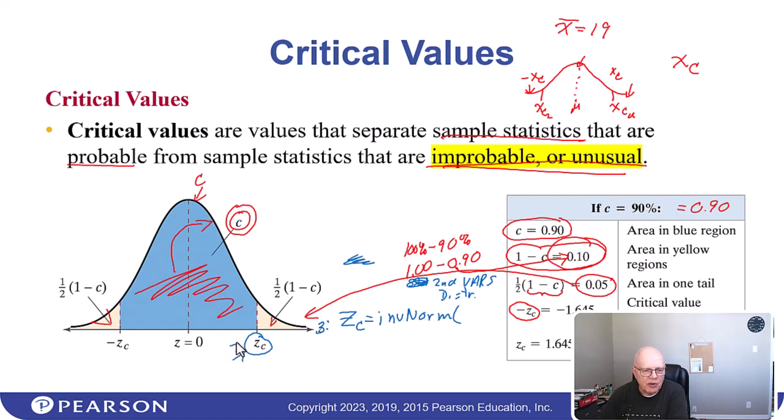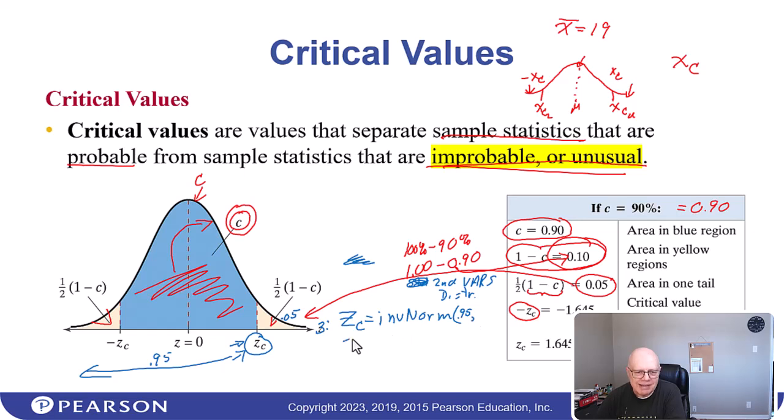For this value right here, the calculator is going to be looking for the area to the left of it. Now, if this part right here is 0.05, that means this part is 0.95 from negative infinity all the way up to this critical point. So to get z sub c, or one of the critical points, you're going to put 0.95. That's the area up to that critical point.